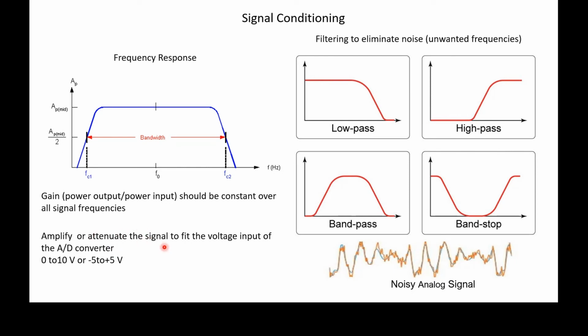And we have to do that to fit the voltage input of our analog to digital converter. And they will vary. Some of them you can set to 0 to 10 volts if your signal doesn't go negative, or if it goes negative, it might be -5 to +5 volts or -10 to +10 volts.